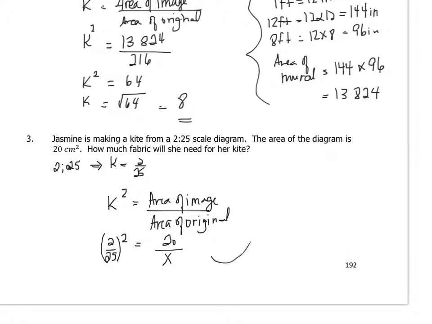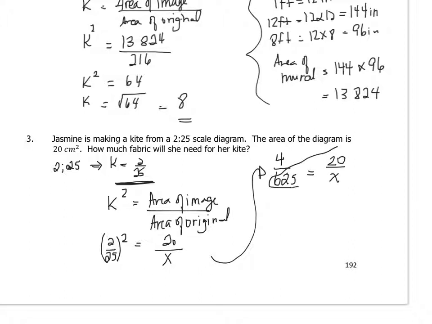So we know that the smaller number should be in the top of the fraction. The bigger one, which would be the actual kite, would be in the bottom to get a k scale factor that's smaller than 1. So we've got 2 over 25 squared, which is 2 times 2 is 4, over 25 times 25 is 625, equals 20 over x.